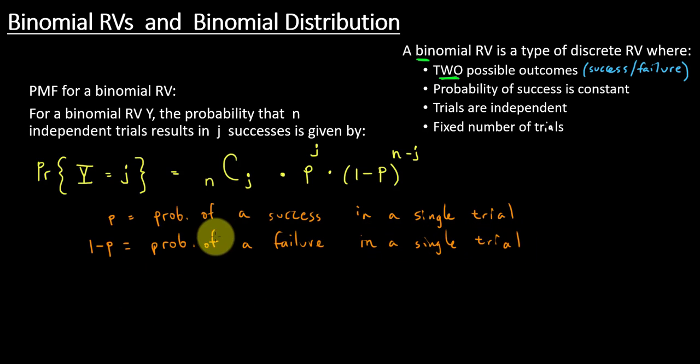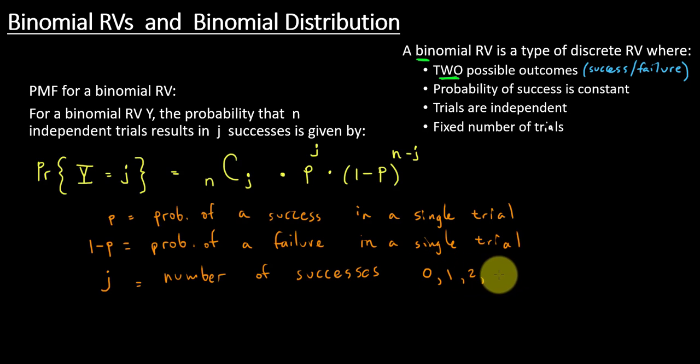What other letters do we have? J is the number of successes. J can take on values such as 0, 1, 2. These are whole numbers because we're in a discrete world. 3, however many successes, but you could not have more than n successes.